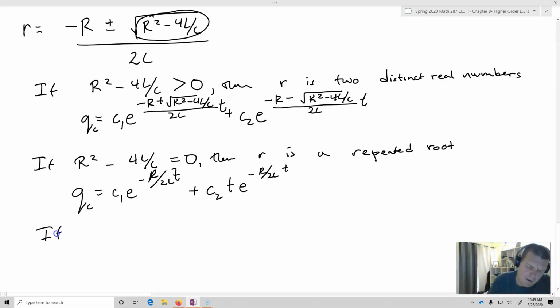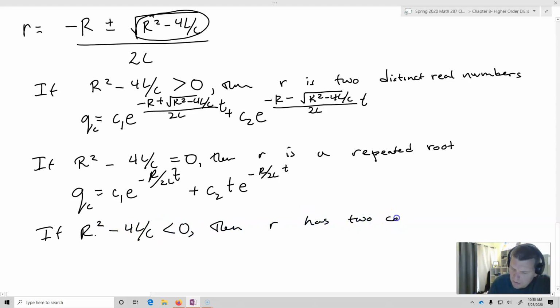Now, if r squared minus 4L over C is less than 0, then r has 2 complex roots, and so consequently, Qc is going to have complex solutions.